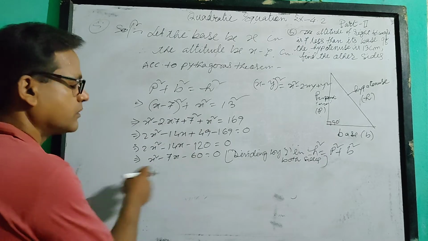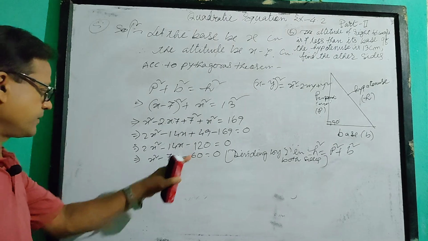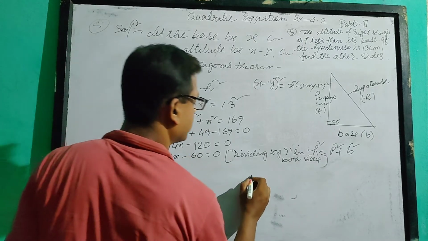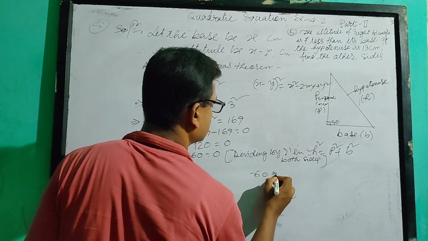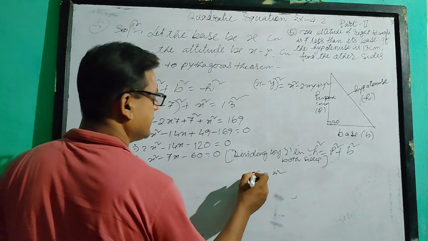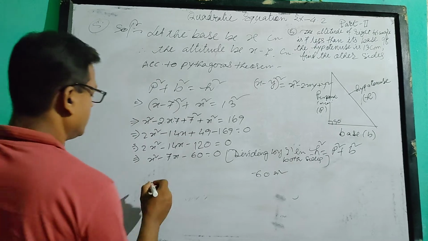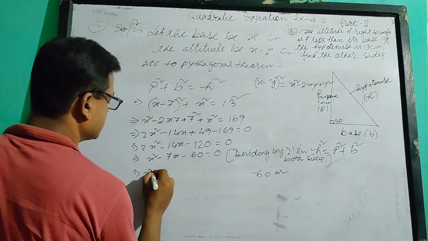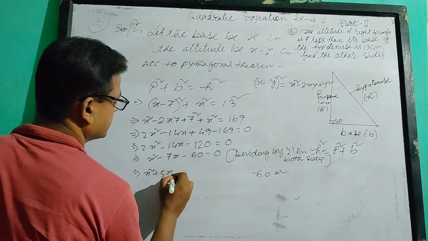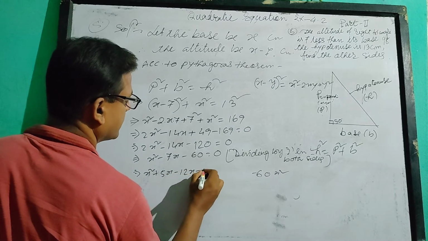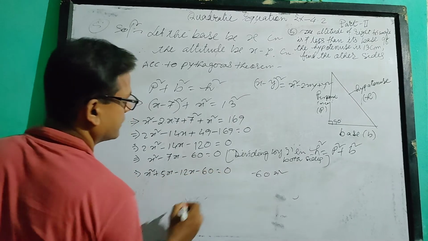Now to solve it, first term and last term multiplied gives minus 60 x square. So x square plus 5x minus 12x minus 60 is equal to naught.